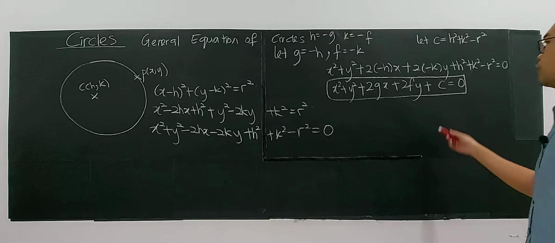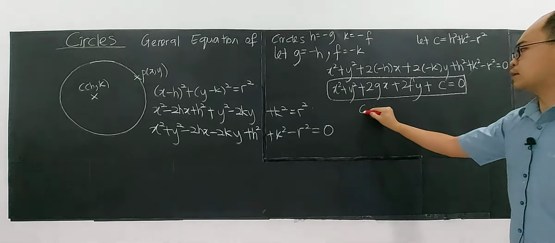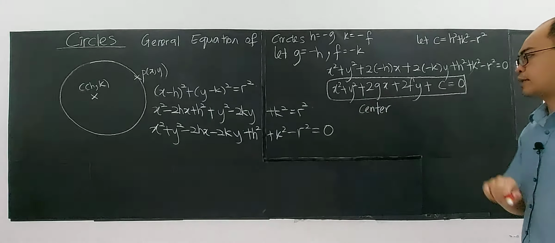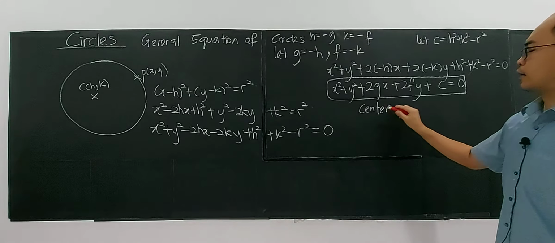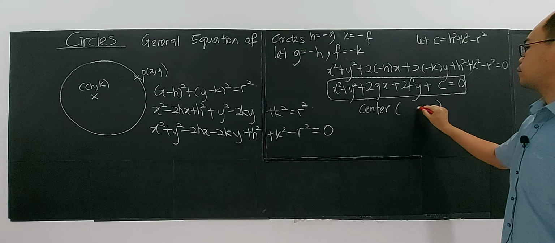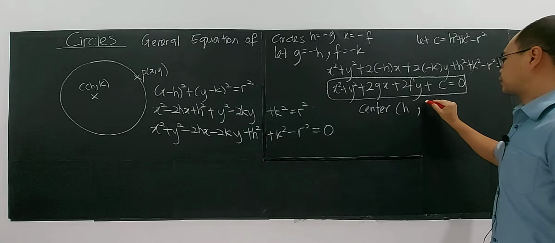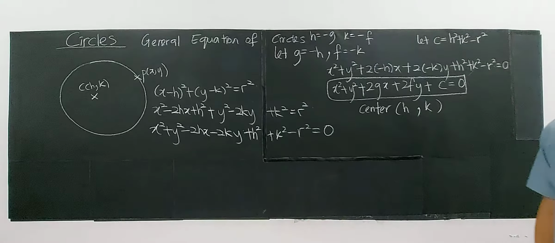And from here we can actually read the center of the circle. From the general equation of the circle, we can read the center, which in standard form is (h, k).